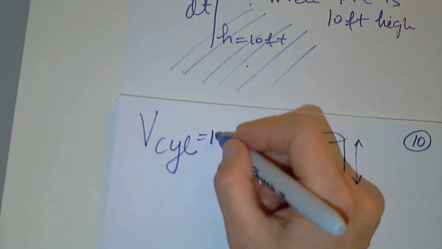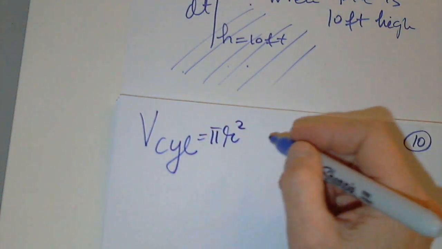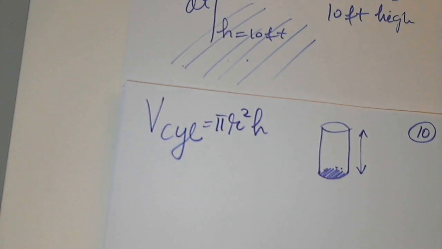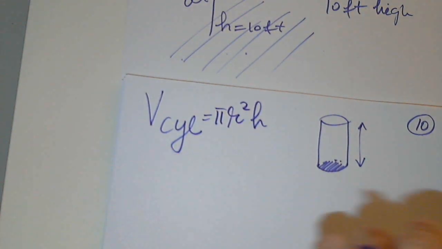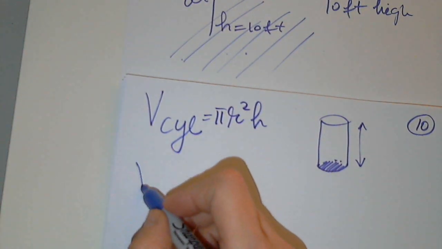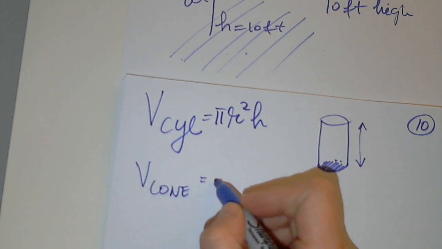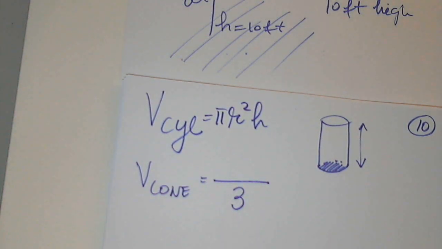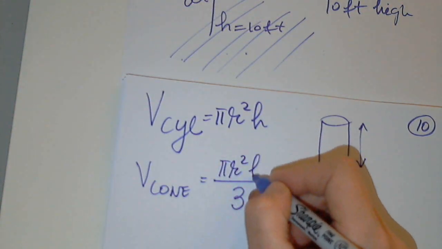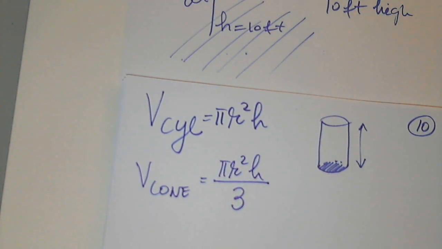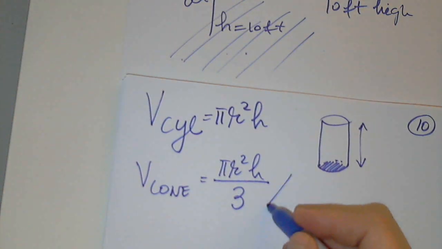The area of the base is pi r squared times the height, which is h. And I want you to remember these two formulas together. The volume of a cone is the same but divided by 3. It's pi r squared h divided by 3. So please remember these two formulas together.